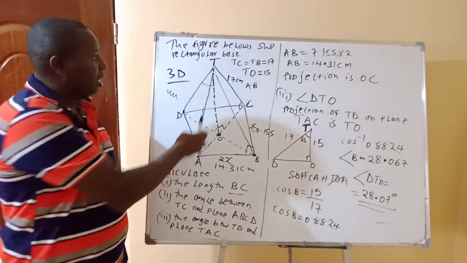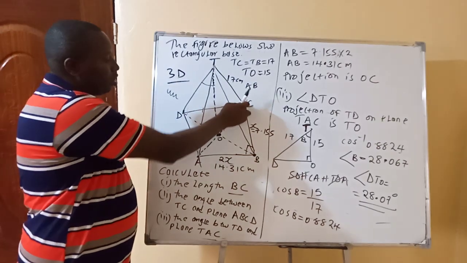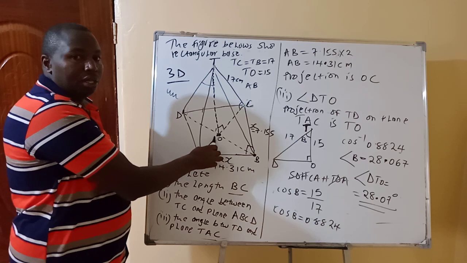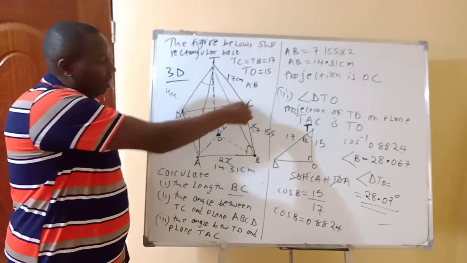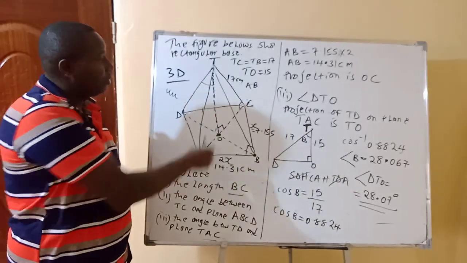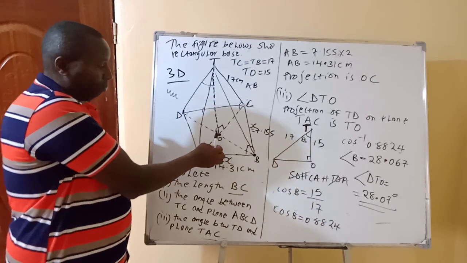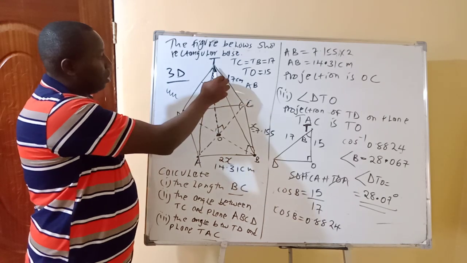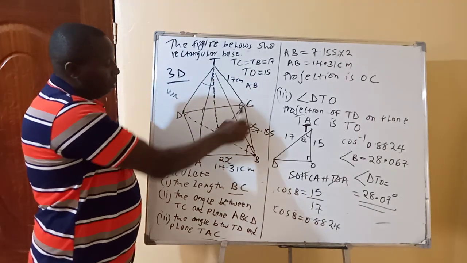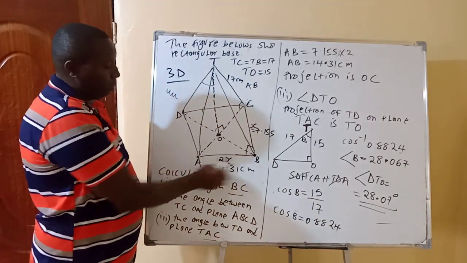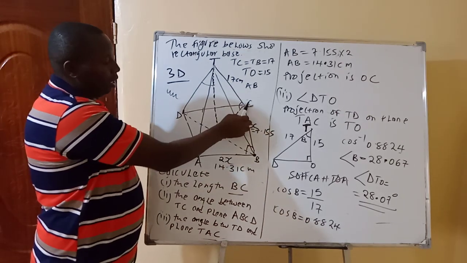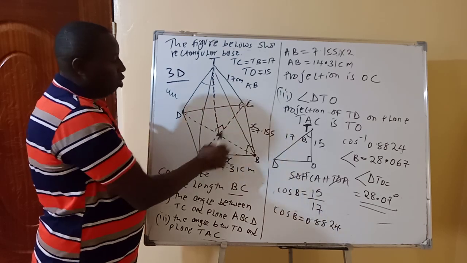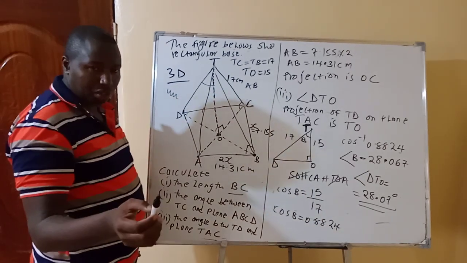For example, if the line is TC, the shadow it makes on the plane ABCD will be CO. Where the line makes the shadow, you must get a right angle triangle. So TC will cast its shadow here on this plane. Therefore, the angle between TC and plane ABCD is angle TCO, because CO is a projection.